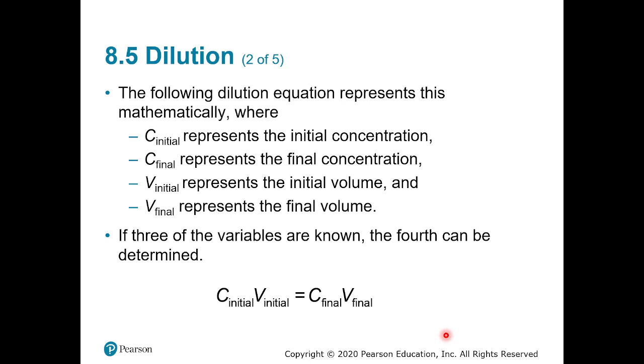It works for any dilution. All you need to understand is that the units on both sides have to be the same. If we put grams on one side, we can't put milligrams on the other. So C initial times V initial equals C final times V final.